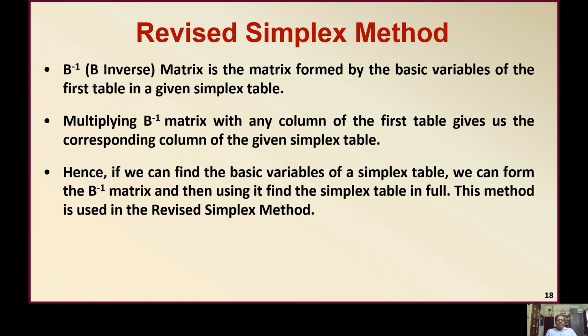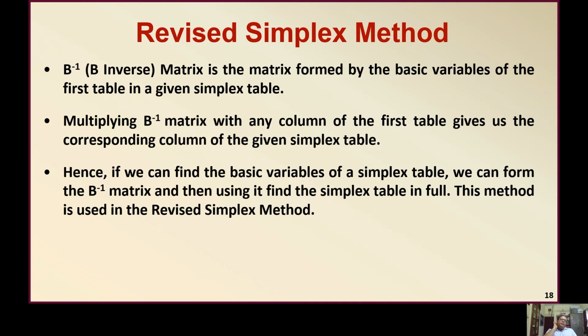What happens? The B inverse matrix is formed by the basic variables of the first table in a given simplex table. So suppose you are doing the simplex operation, and in the first table you could find out the basis matrix. Which are the basic variables? These basic variables of the first table, that in the second matrix that it should be forming, that is known as the B inverse matrix.